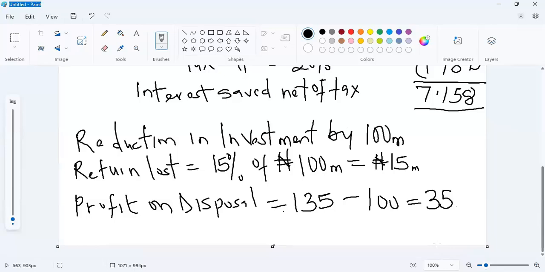So we have these three items. What will they affect?